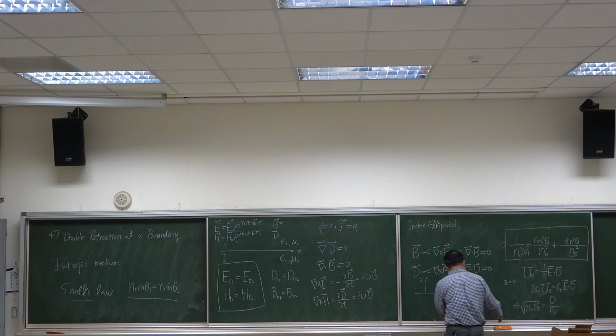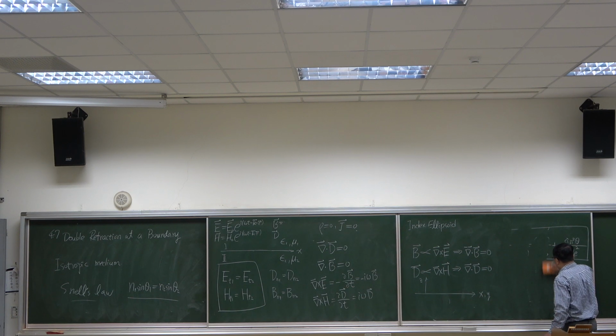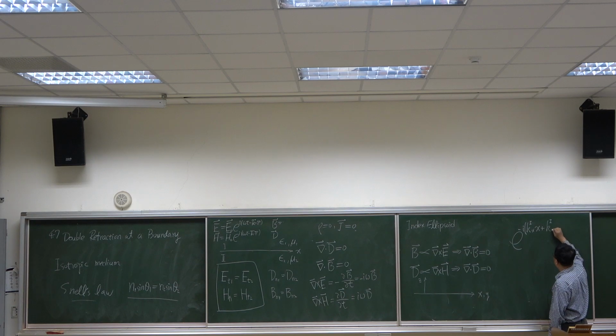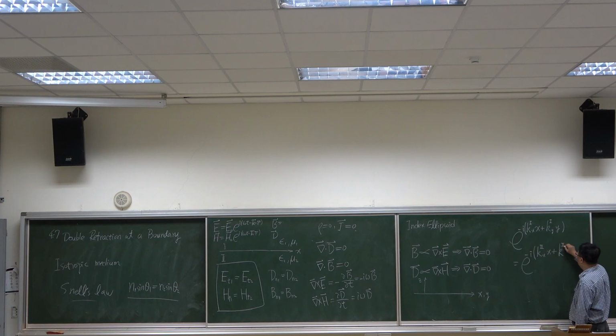So this means that the exponential minus i (k1x times x plus k1y times y) must be equal to the exponential minus i (k2x times x plus k2y times y).